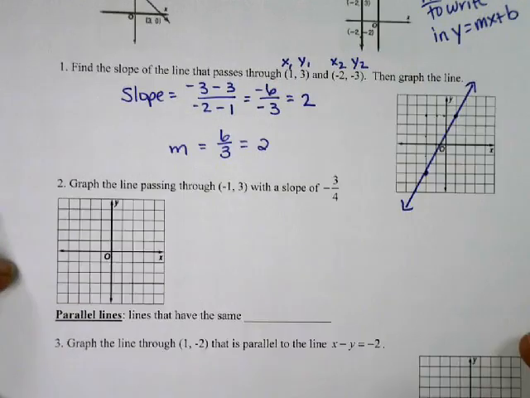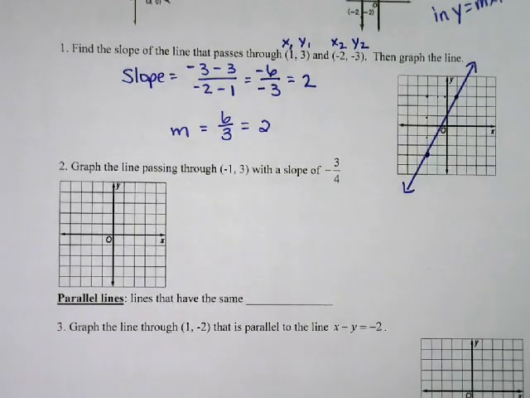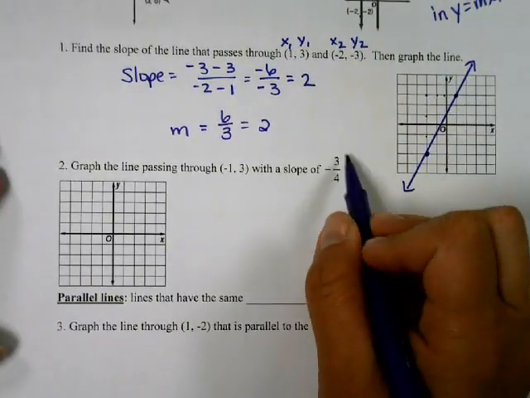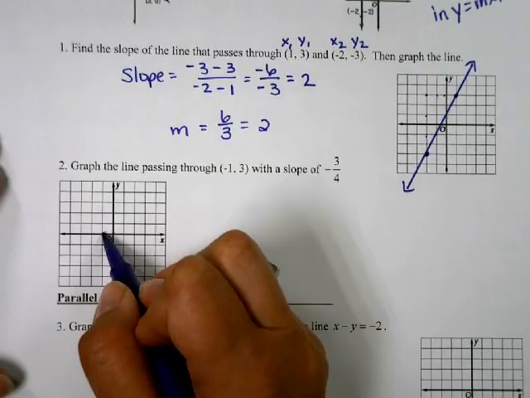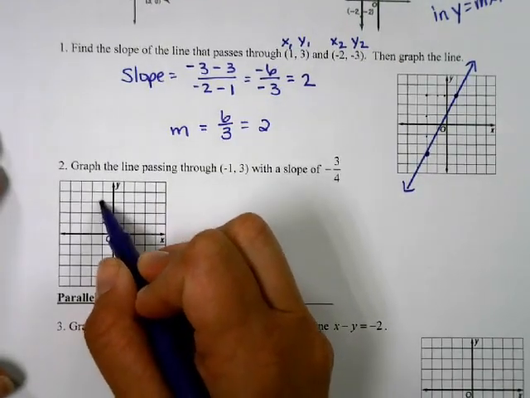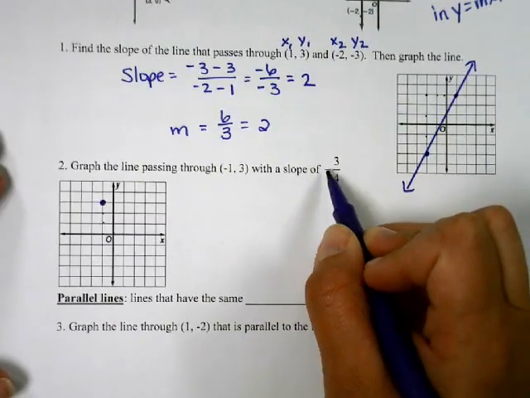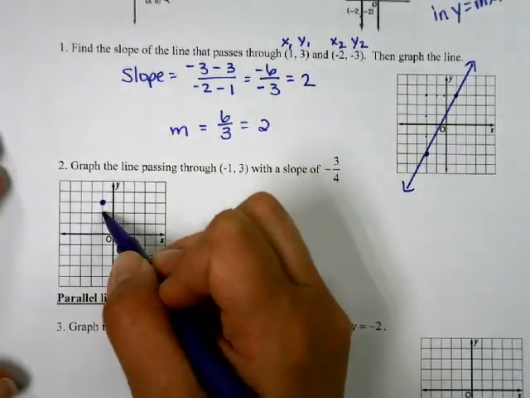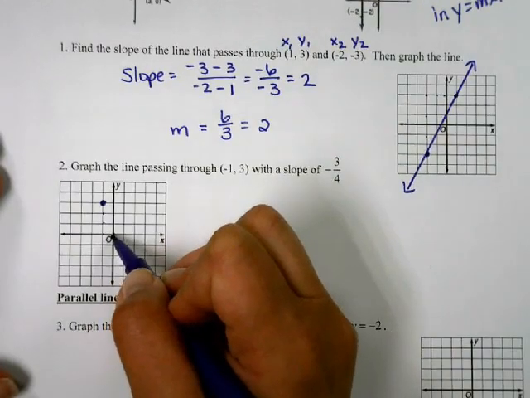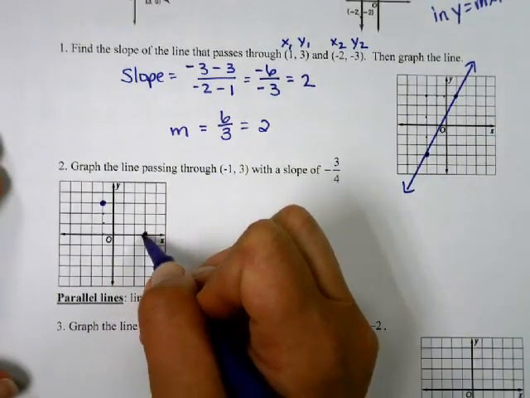Number 2 says graph the line passing through (-1, 3) with a slope of -3/4. So (-1, 3), and a slope of -3/4. The negative means I'm going to go down 3, 1, 2, 3, and if I go to the right, I'm always right.